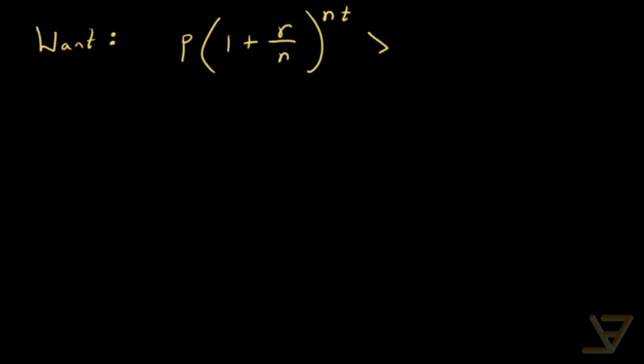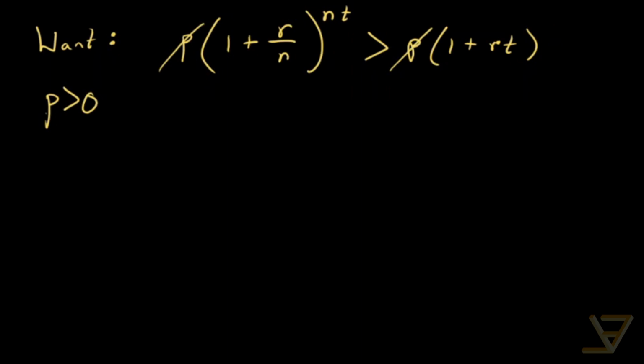So what we're going to try to prove is that p times 1 plus r over n to the power of nt is strictly greater than p times 1 plus rt. Remember, we said that p is greater than 0, so we can cancel out the p's from both sides.